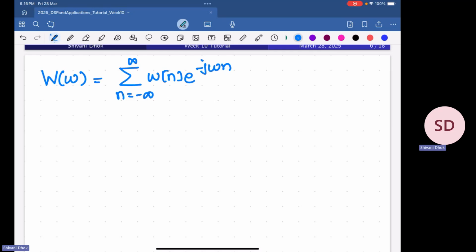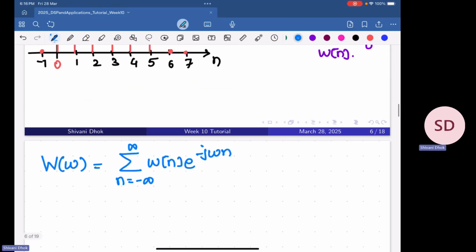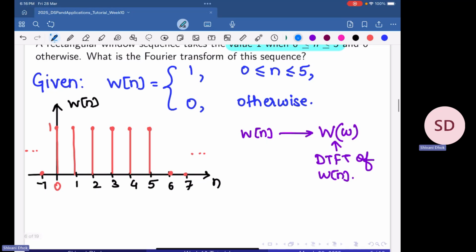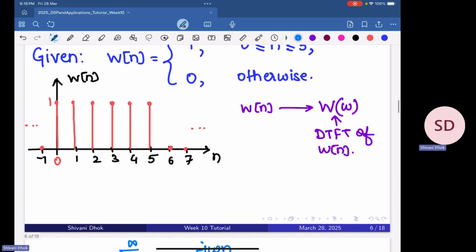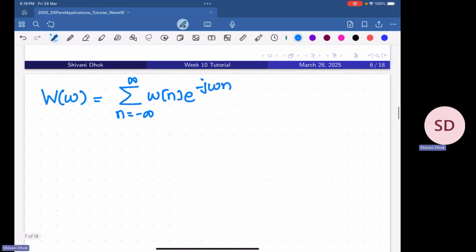Okay, now this W of n is non-zero only for the values of little n of 0 to 5. So this summation here will survive only for values of n equal to 0 to 5.